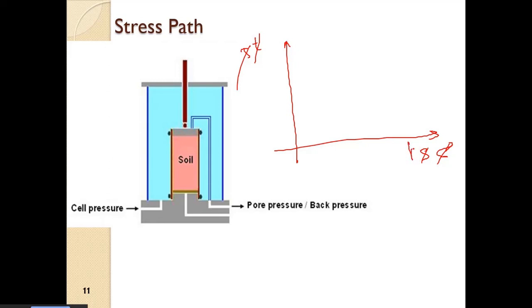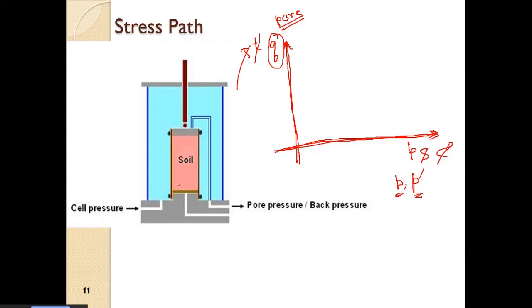Now we will plot it in terms of P and Q. So P, when I say, it will be P comma P dash. Mean stresses, whether it be total stress or effective stress, will be plotted in the x-axis, and the Q, which is the deviatoric stress, will be plotted in the y-axis. Obviously Q is independent of the pore water pressure. So pore water pressure has no effect on Q.